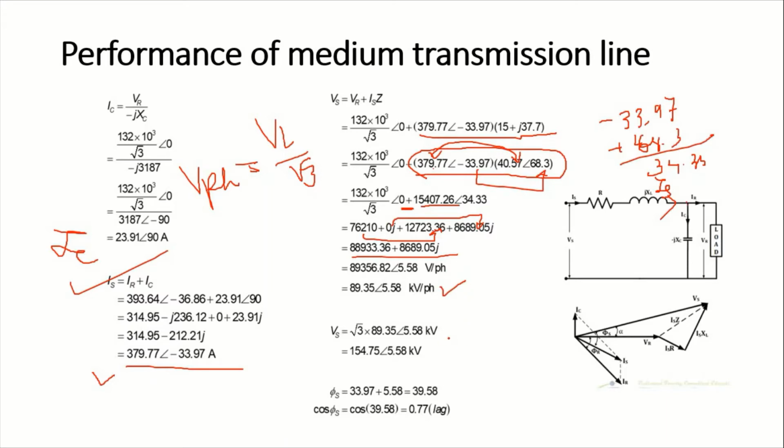We require the line voltage, so it is multiplied by √3, and this is Vs. This value is phi s, so phi s is 33.97 plus this angle, so we get 39.58, and cos phi is 0.77 lagging.